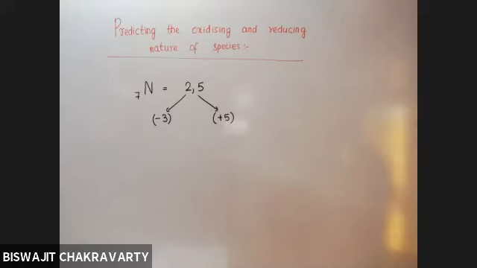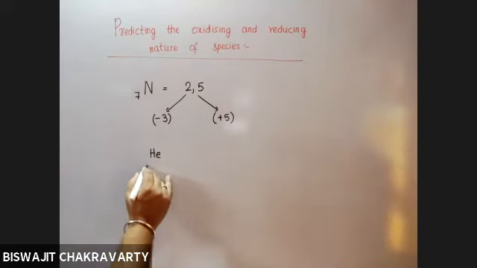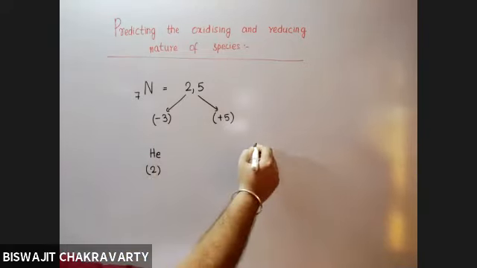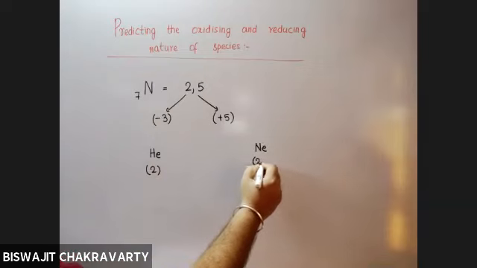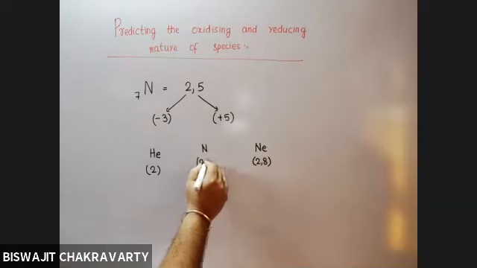So what are the two nearest stable gas configurations near nitrogen? It is 2 for helium and 2,8 for neon, isn't it? And in between there is nitrogen, 2,5.